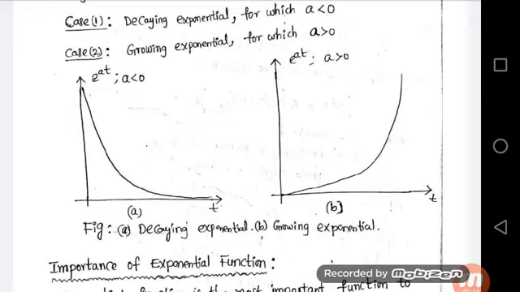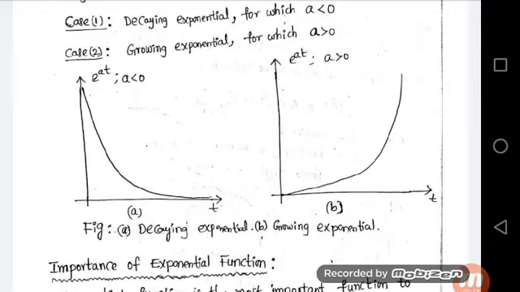Case 1, decaying or decreasing exponential signal, for which a is less than or equal to 0. Case 2, growing exponential signal, for which a is greater than 0.